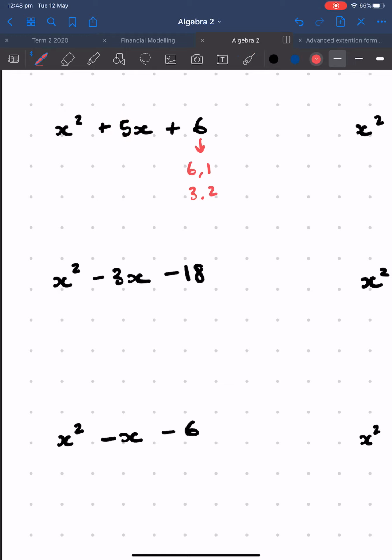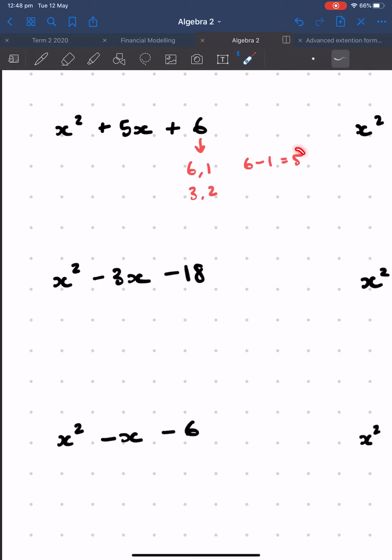So what I could do is I could go 6 minus 1, that equals 5. Okay, the problem here is that makes positive 5, which is all good, but then when I do 6 times negative 1, I'd be getting negative 6 as my number at the end. And I can't do that.